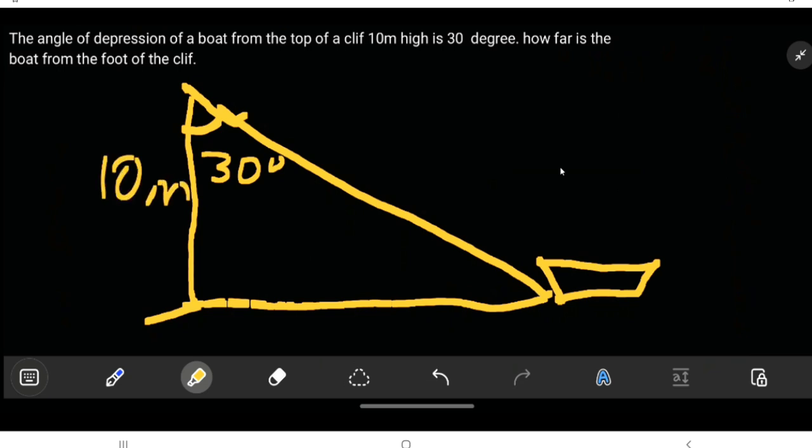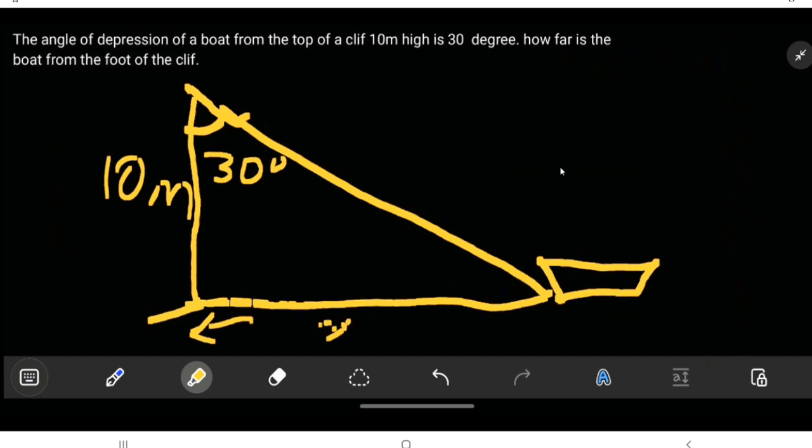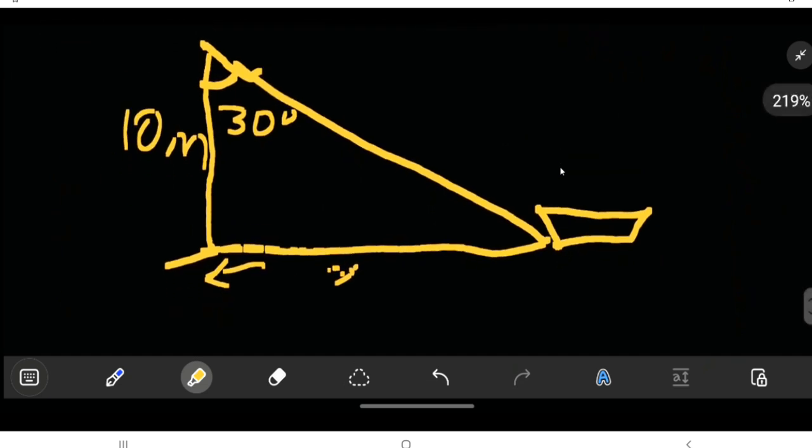We're asked to find the distance, how far the boat is from the foot of the cliff, which is here. I'll just label it X.